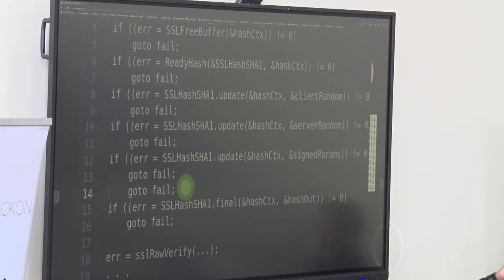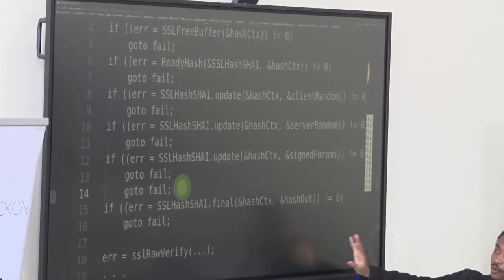What that means is all the important code that is here is going to be skipped.